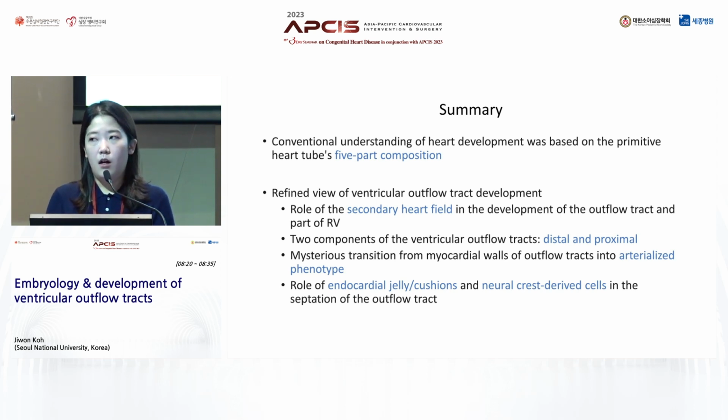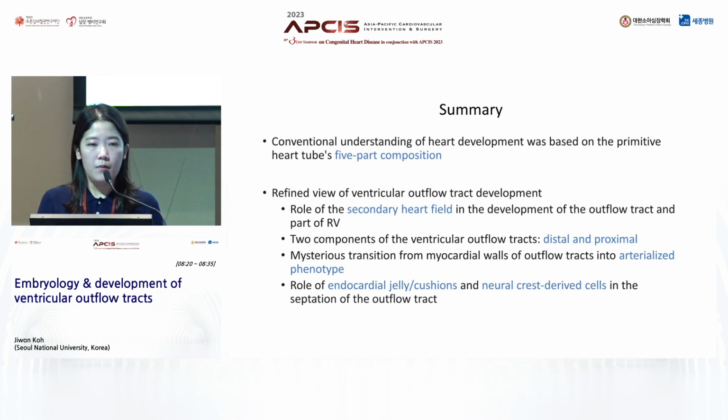And it divided the ventricular outflow tract into distal and proximal parts using the dog-leg bend as a boundary. And it describes the mysterious transition from the myocardial walls of the outflow tracts into an arterialized phenotype. And we still don't know what causes this mysterious arterialization.